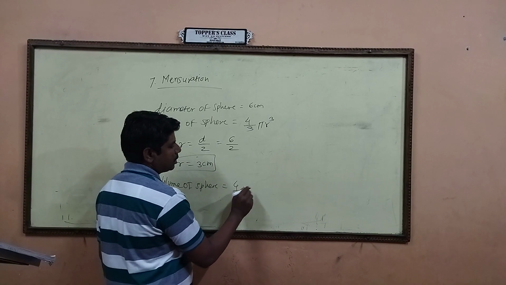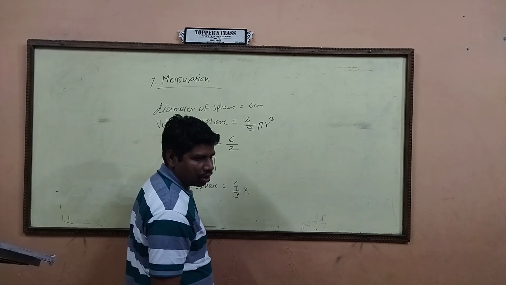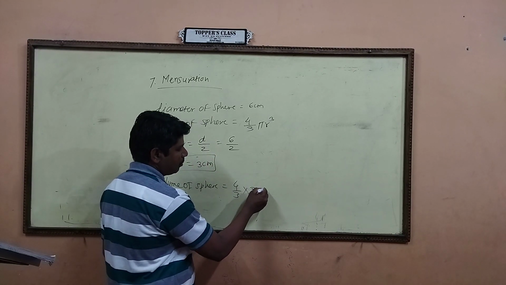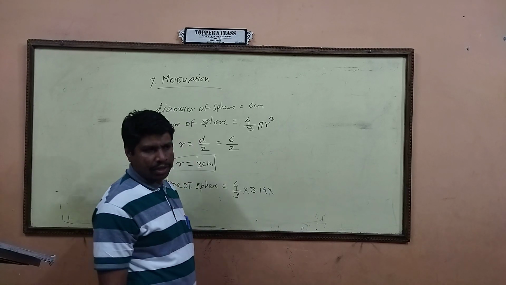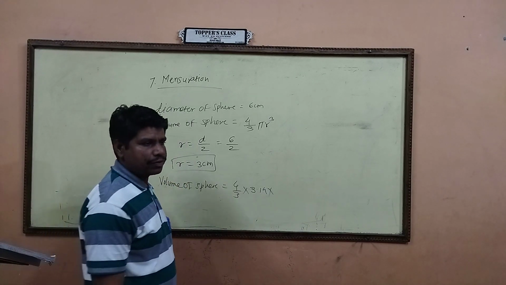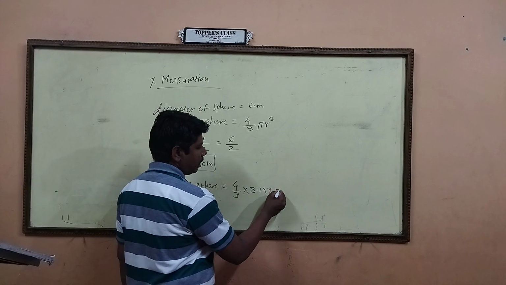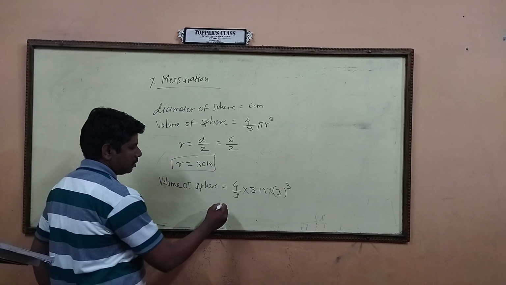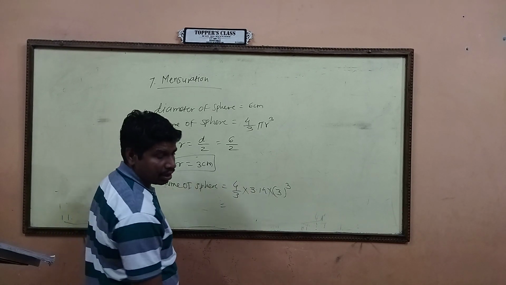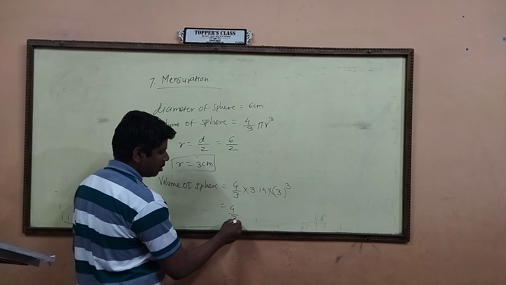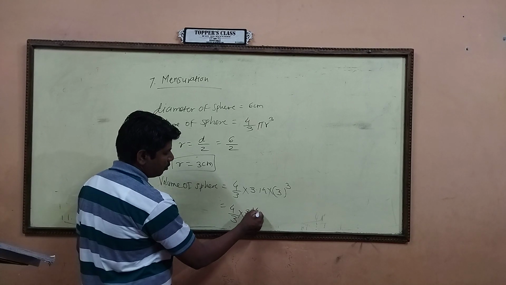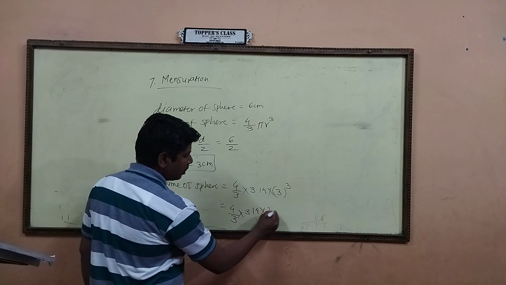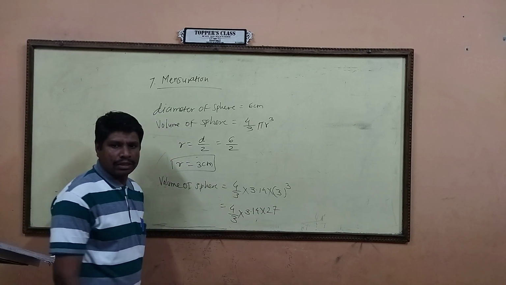Pi's value you can take as 22/7 or 3.14; we'll take 3.14 for easier multiplication. Then r is 3, and 3 cube is there. So 4/3 multiplied by 3.14 multiplied by 27.